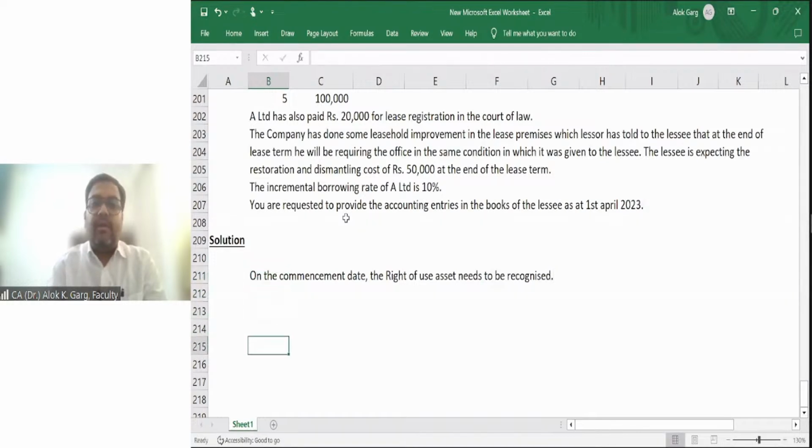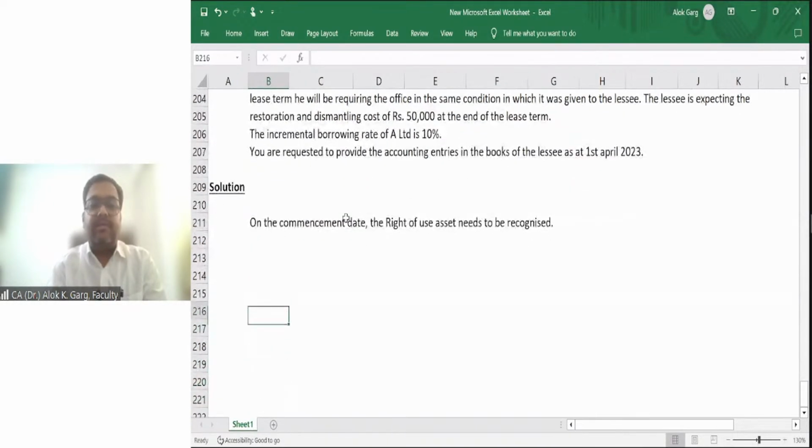Now, what is the meaning of right of use asset? Right of use asset is equal to or includes the following.